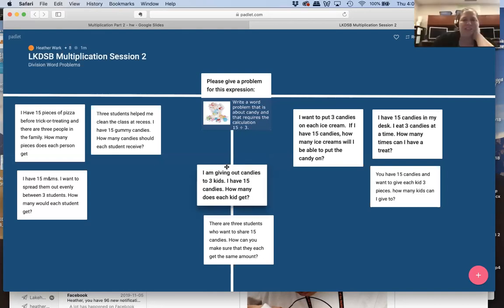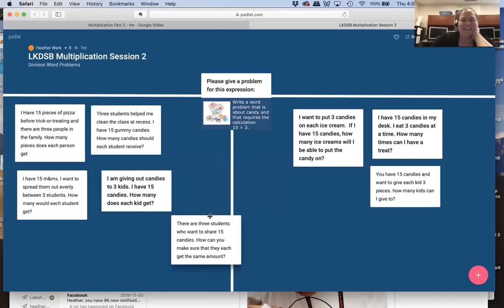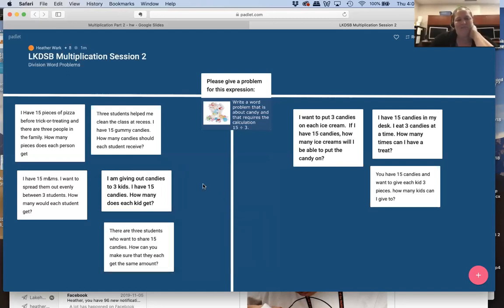So I'm actually going to move these over to the left side. And we'll take a look at these problems that we have here in front of us. So I have 15 pieces of pizza before trick-or-treating, and there are 3 people in my family. How many pieces does each person get? And there are 3 students who help me clean the class at recess. I have 15 gummies.